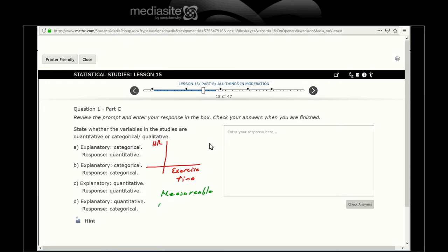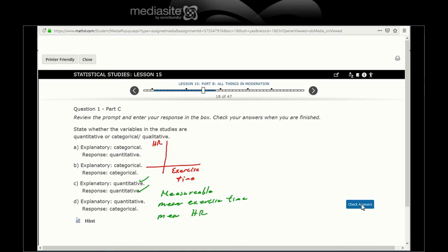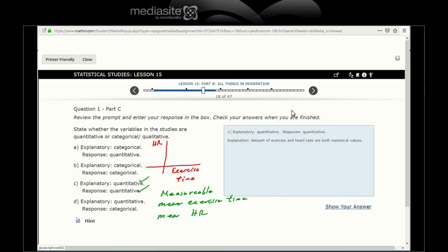I can find a mean exercise time or mean heart rate. That's meaningful. In this case, that will make them both quantitative, because both are something we'd measure. That's C. Yep.